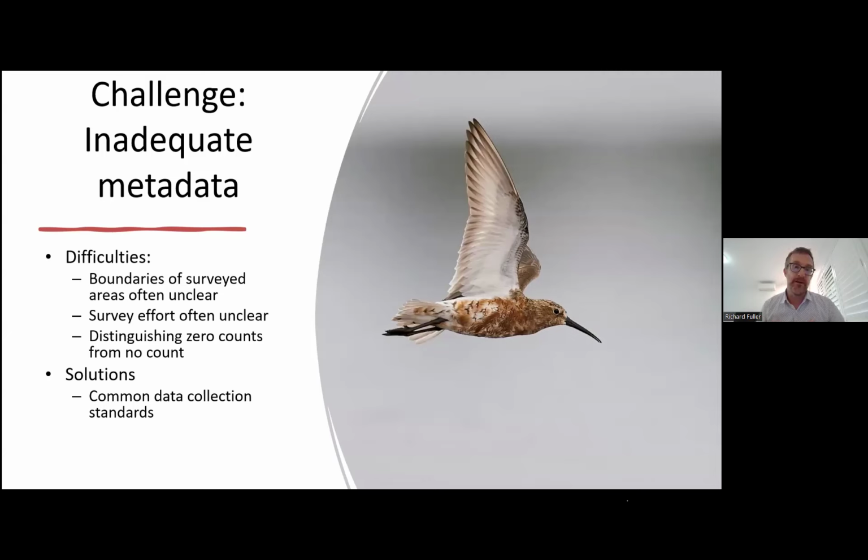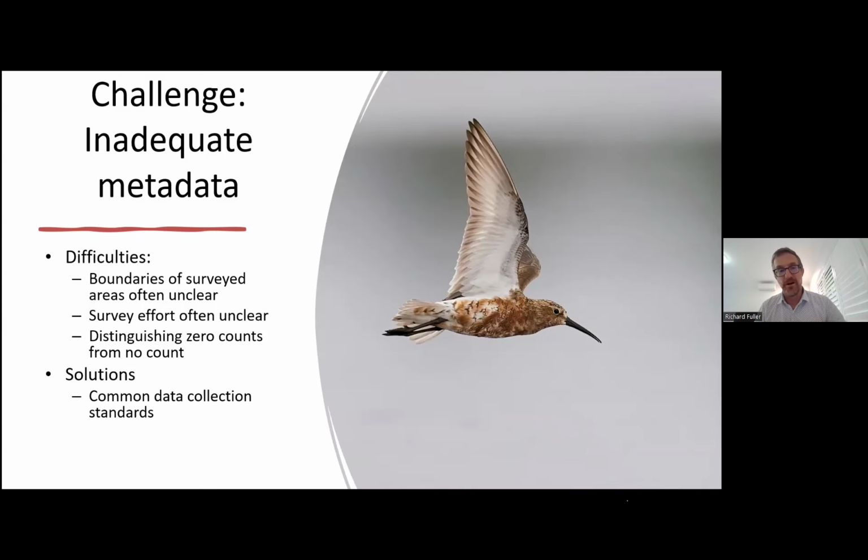Sometimes it's unclear how much survey effort has been put into a particular survey, whether all sub-sites have been visited, how many people, how much time was spent, was there any kind of unusual circumstances around a particular survey. And these kinds of data are really important in analyses to help us interpret what's happened.